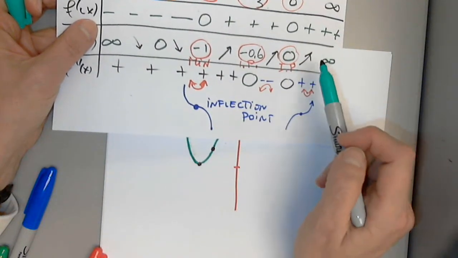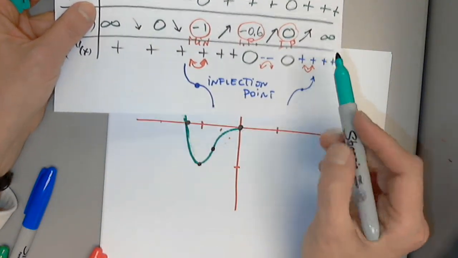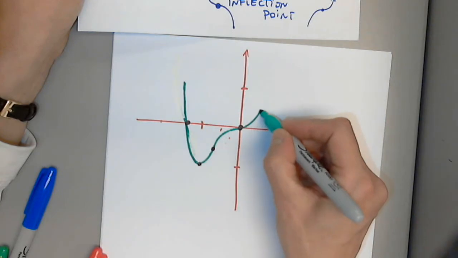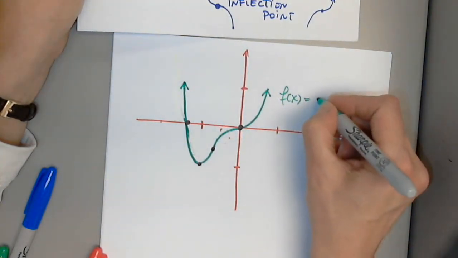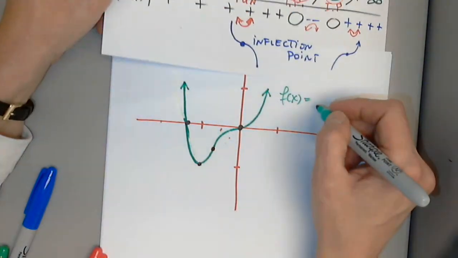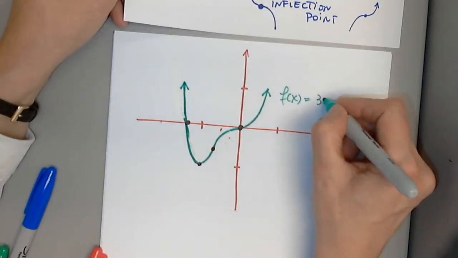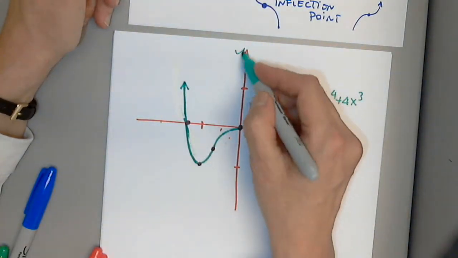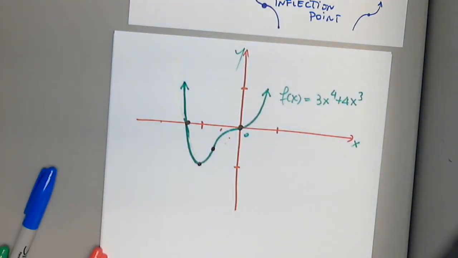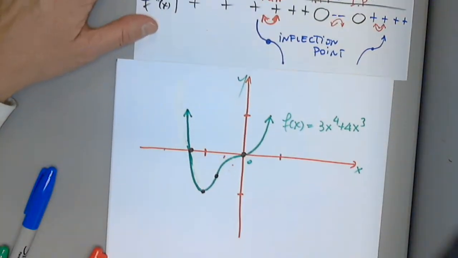An inflection point, increasing, opening upward towards infinity. This is our function, which was, have no idea, 3x to the 4th plus 4x cubed. Everything is in this chart.